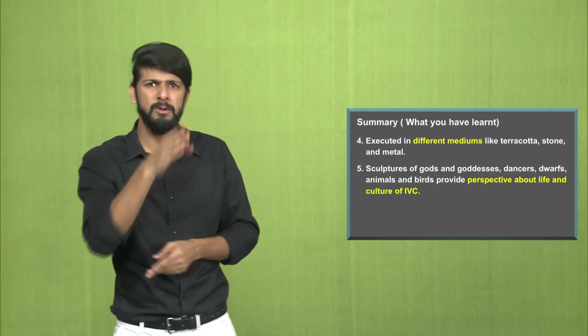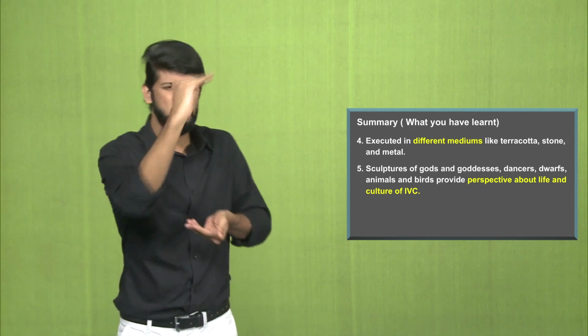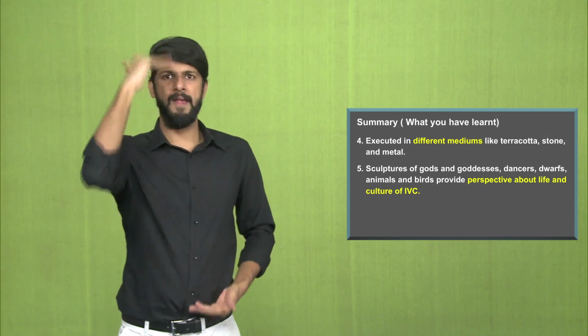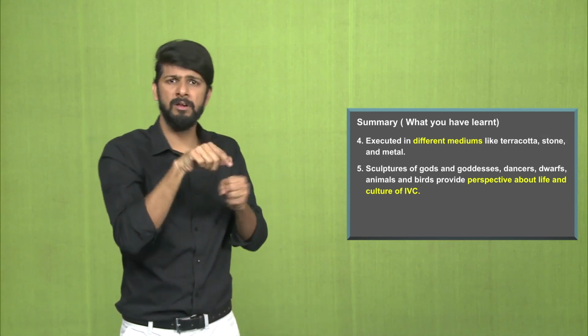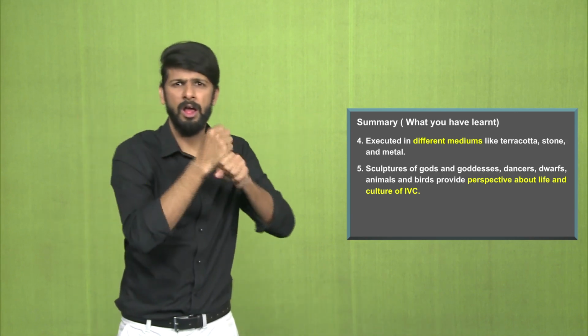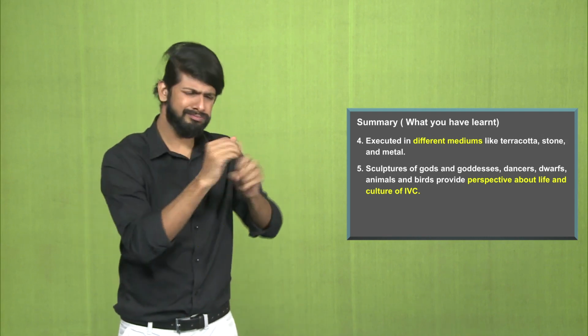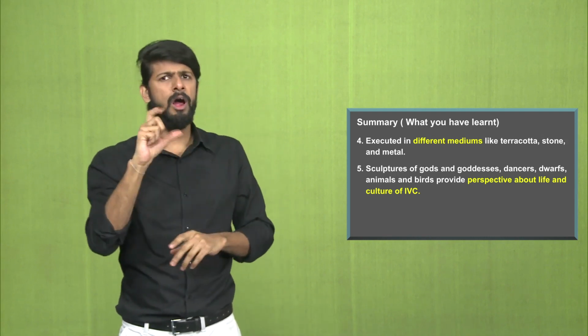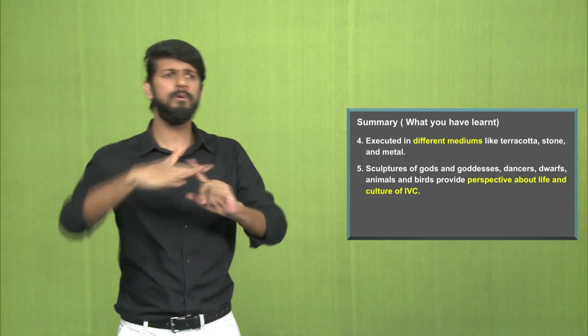The sculptures which we have seen most often are of gods, goddesses, dancers, dwarfs, animals and birds, and these sculptures provide us a perspective about how life and culture of the Indus Valley civilization could have been.